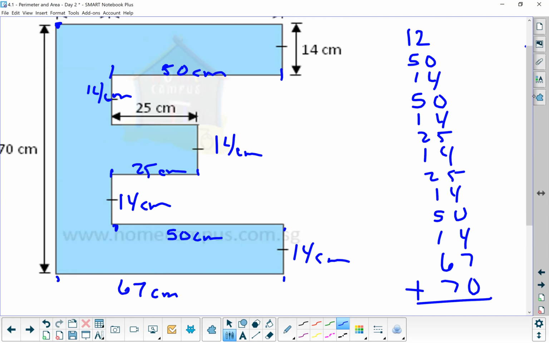That we can put together. 2 and 4 are 6 and 4 more are 10. 15 and 5 are 20. 24, 28, 32, 39.